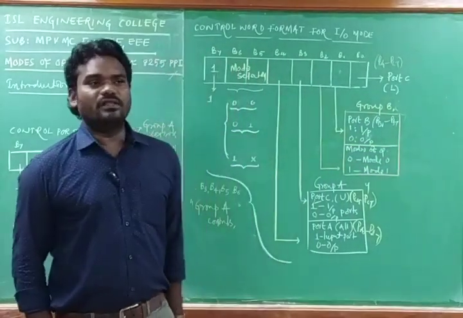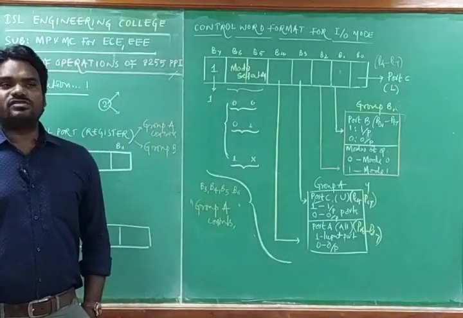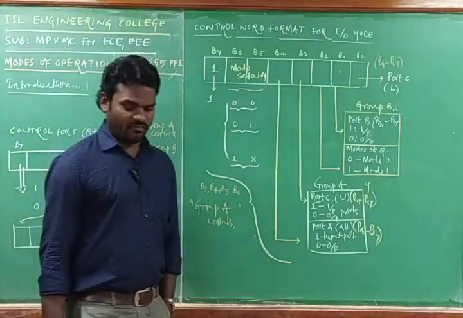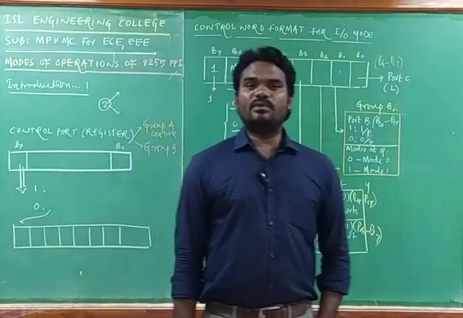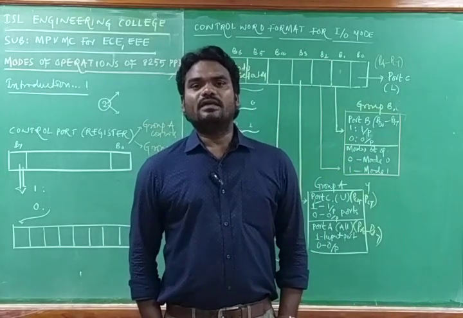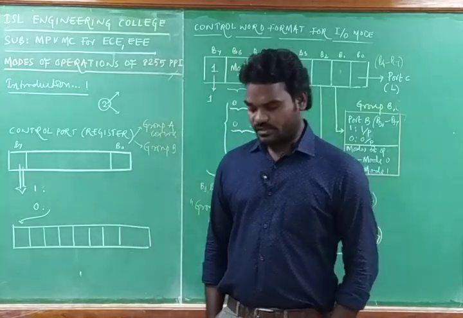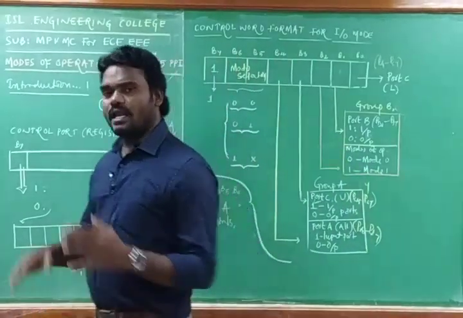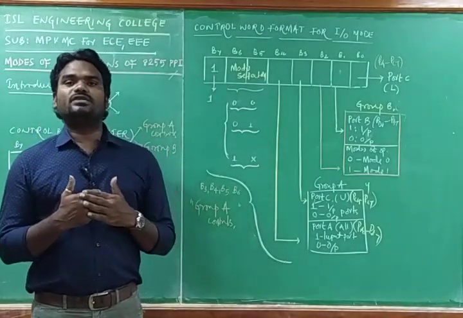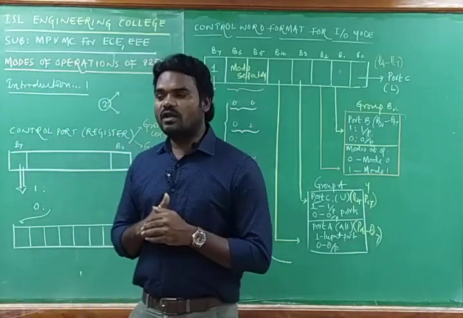And now in this video I am going to talk about the modes of operation of 8255 PPI. This 8255 PPI can be programmed to operate in two modes. That means it is an IC which can be programmed to operate in two modes. First mode is named as IO mode of operation.